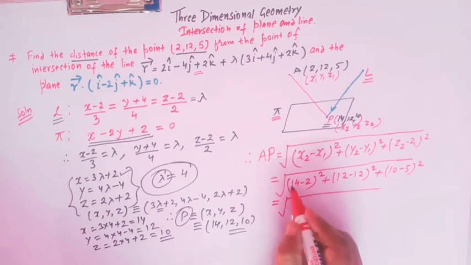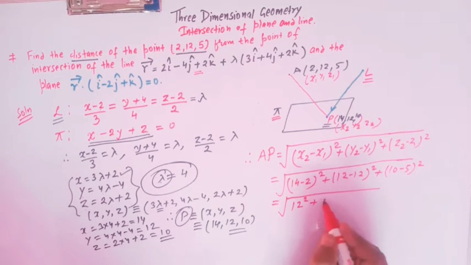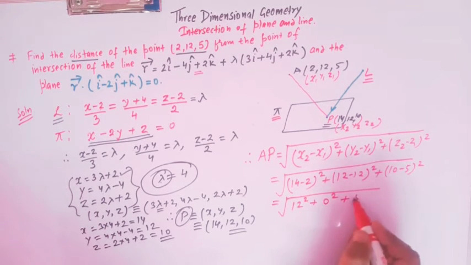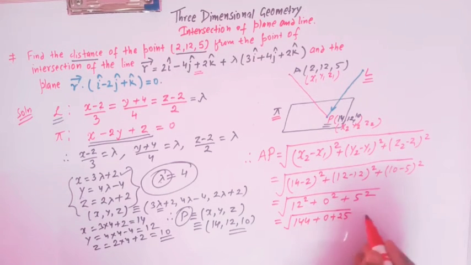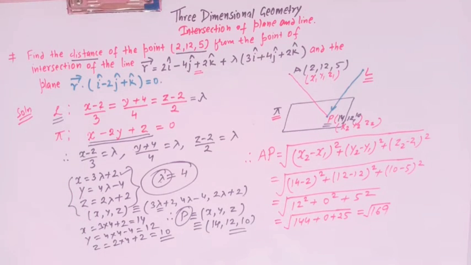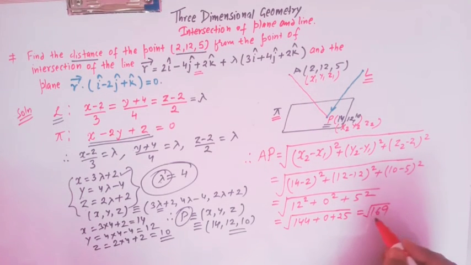So now we have 14 minus 2 is 12 square, here we have 0 square, and here we have 5 square, right? So this is 144, this is 0, this is 25, and here we have 169, right? And the square root of 169 is 13, right?